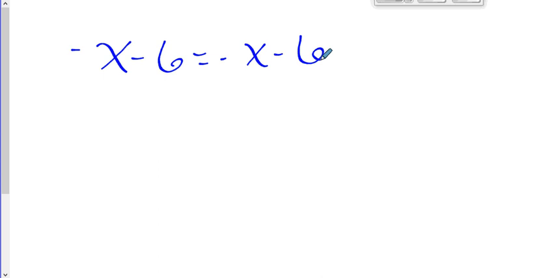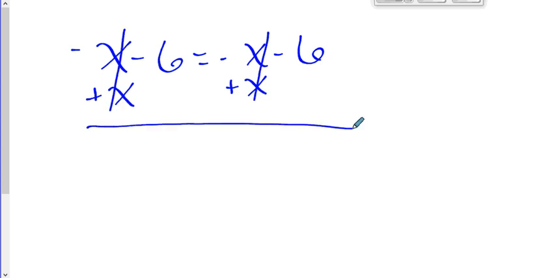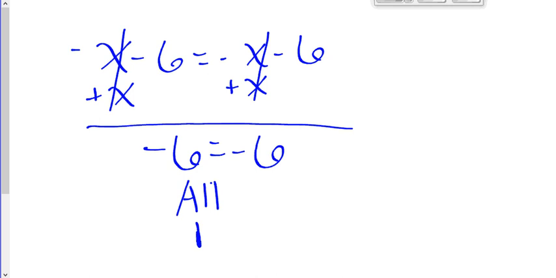To start to work with this, maybe I add x to both sides. That cancels and that cancels. I've got that -6 equals -6. And last time I checked, those are the exact same thing. My variable's gone. This would be an example of all real solutions.